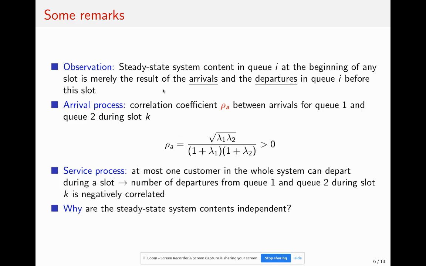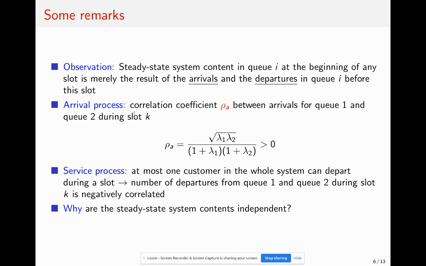Why is this remarkable? Observe that the steady-state system contents in a queue are merely the result of the arrivals and the departures before the slot that you observe.